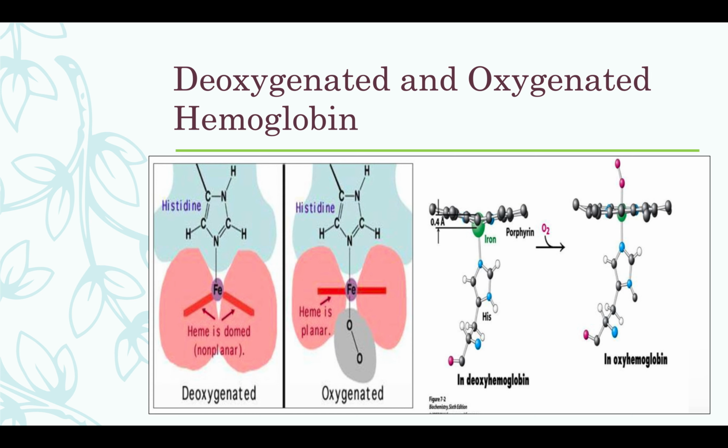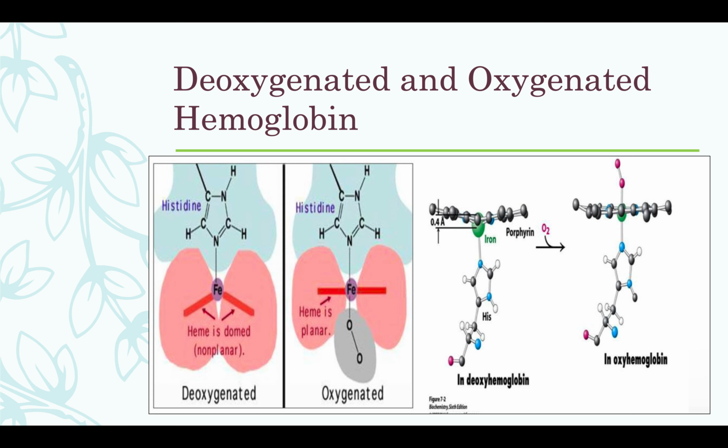So note here that the shape change in the heme group has important implications for the rest of hemoglobin. Same thing when the iron atom moves into the porphyrin ring upon oxygenation. Now remember, the movement of histidine F8 shifts the position of other amino acids that are near the histidine.